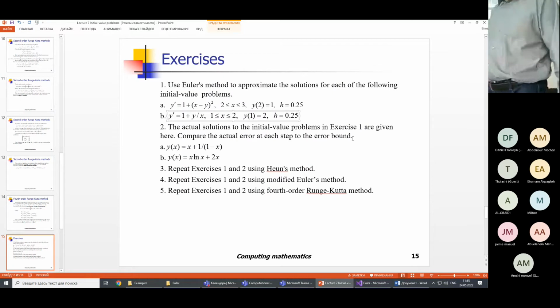In the exercise B, the real solution is written here.